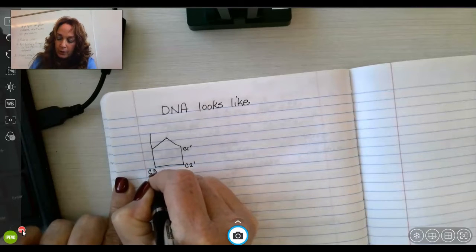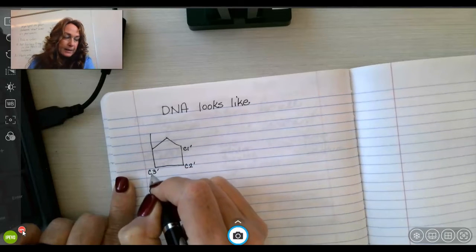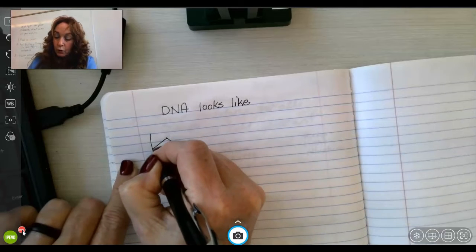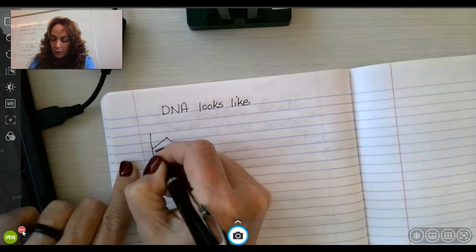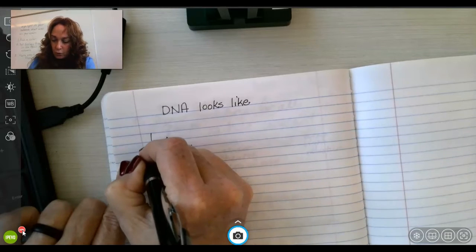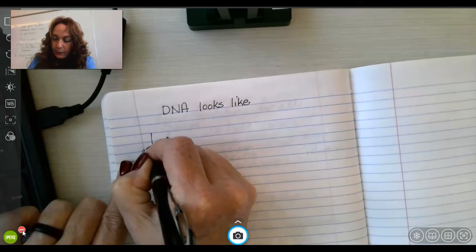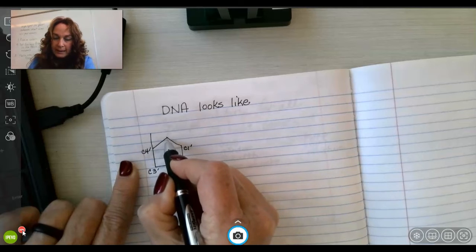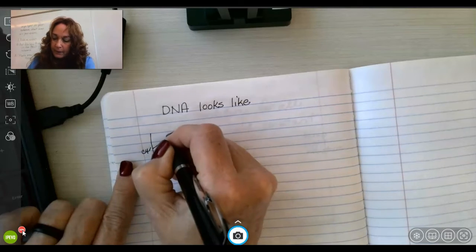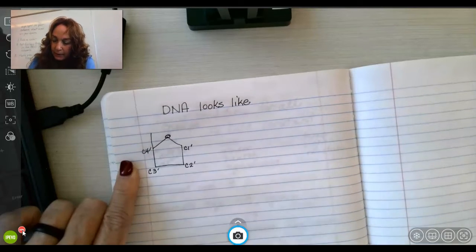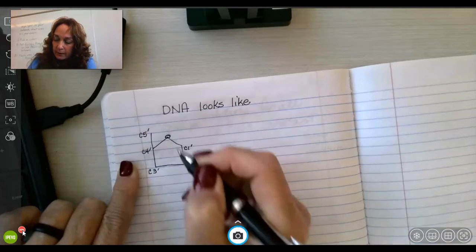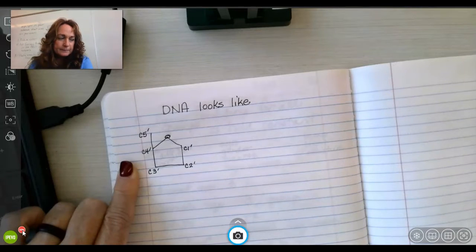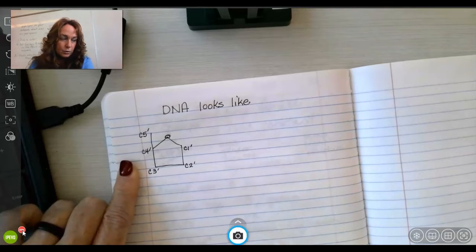This is your 3 prime carbon, and then it gets a little weird. Your 4 prime carbon is here. Those are all the little vertices, the little corners. I get it. But your 5 prime carbon is not here. This is actually an oxygen. Your 5 prime carbon is up here at the top of the chimney. Okay? So there's 1 sugar.